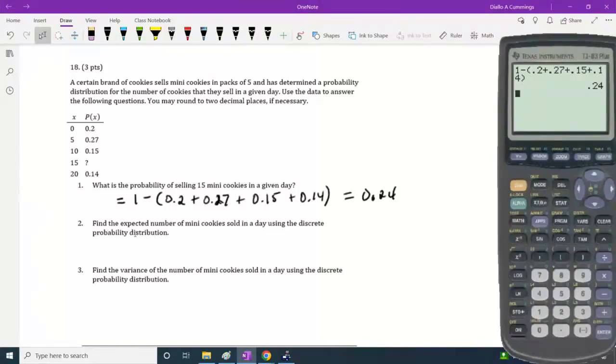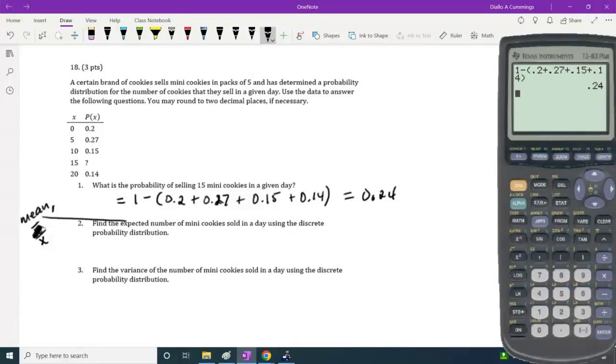Number 2 says find the expected number of mini cookies sold in a day using this discrete probability distribution. Now, this expected number may be a new word. That's just another word for the mean. That's supposed to be X bar. I have no idea why this thing isn't erasing.